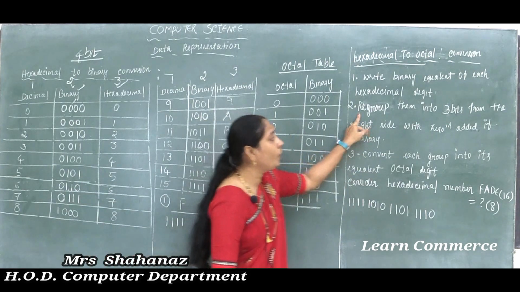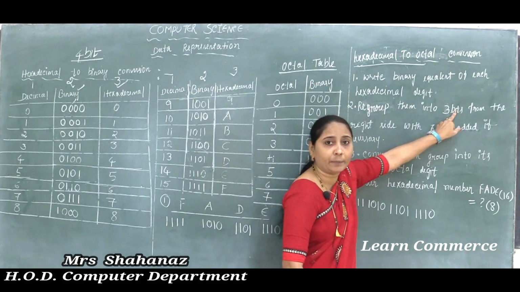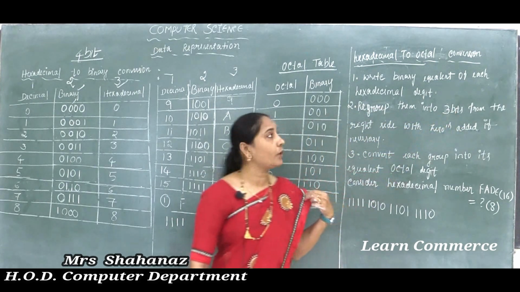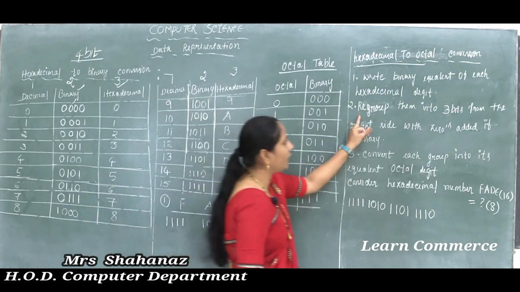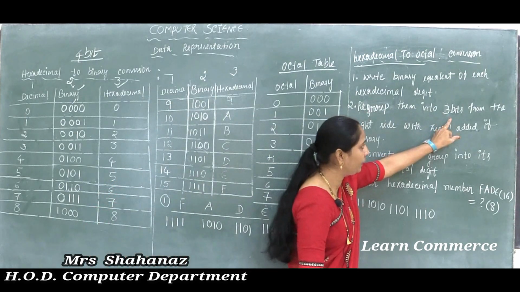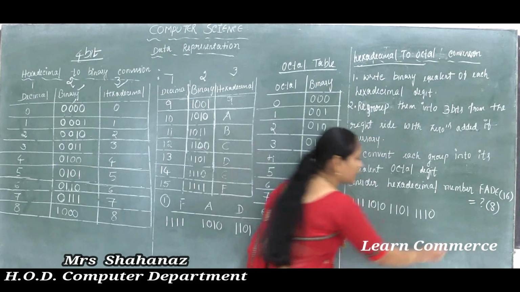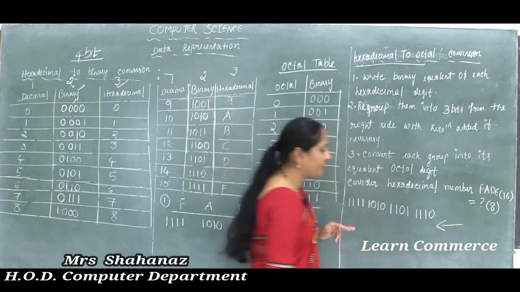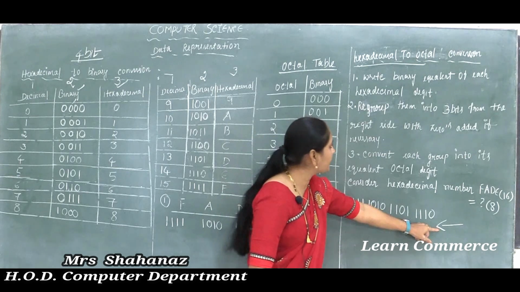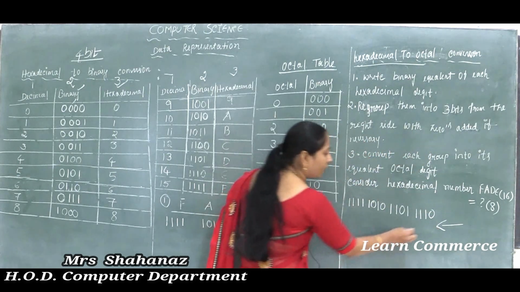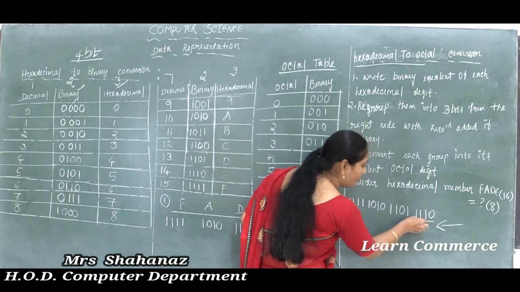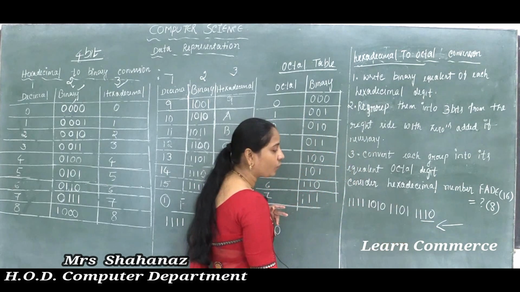Regroup them into 3 bits. We know that here we need to convert from hexa to octal, so regroup them into 3 bits from the right side, with zeros added if necessary. Clear? We need to move from the right side. The first group is 0, 1, 1.